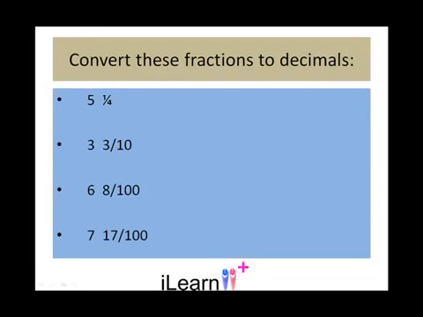Convert these fractions to decimals. 5 1/4 as a decimal. Five and a quarter as a decimal will be 5.25.